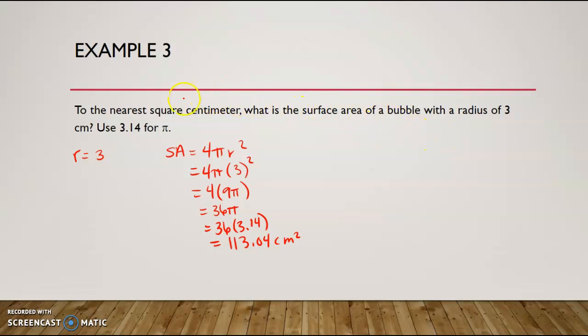It tells me to the nearest square centimeter, which means no decimals. So when I go to round this, behind the 113 is a 0. So this is approximately 113 centimeters squared. That is the approximate surface area of the bubble with a radius of 3 centimeters. And that's how you find the surface area of a sphere.